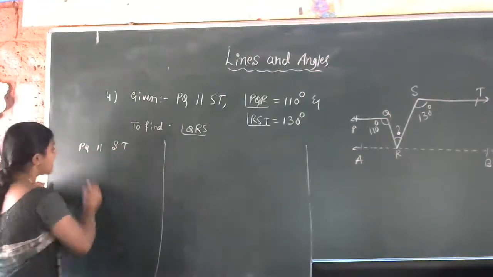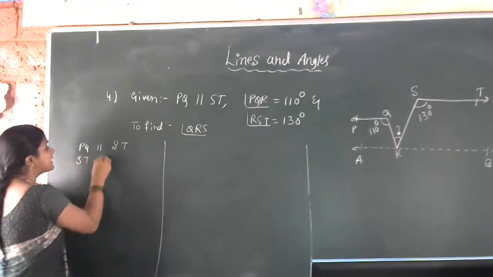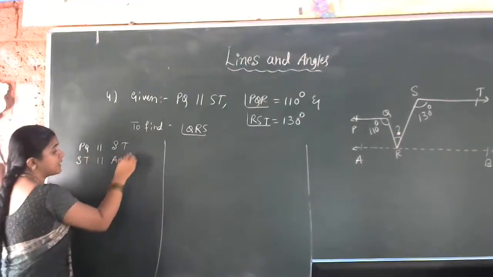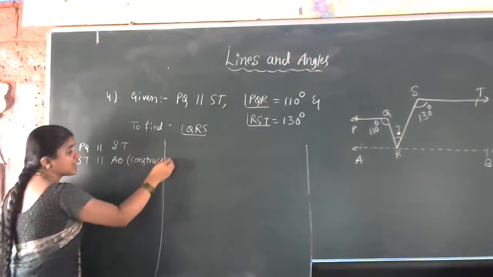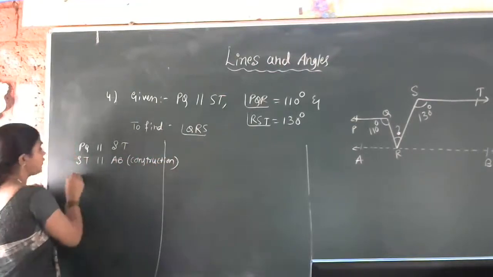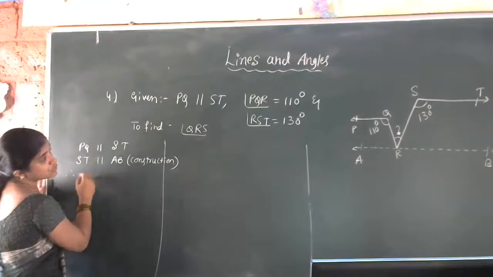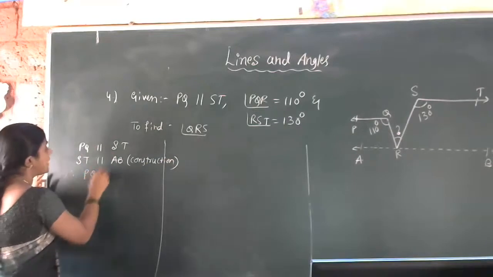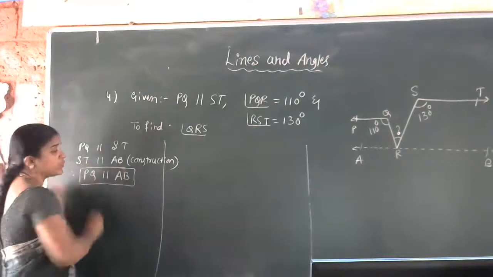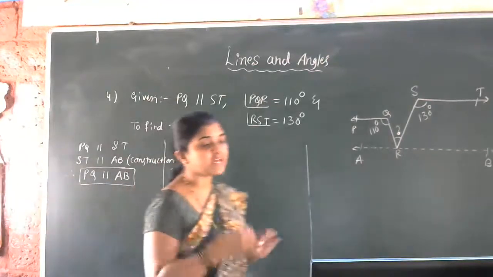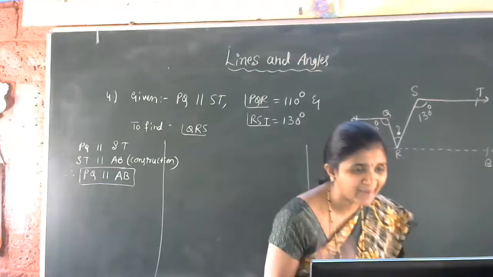In construction, the ST line is parallel to the AB line. Therefore, can we say that PQ is also parallel to AB? Yes, because lines parallel to the same line are parallel to one another.